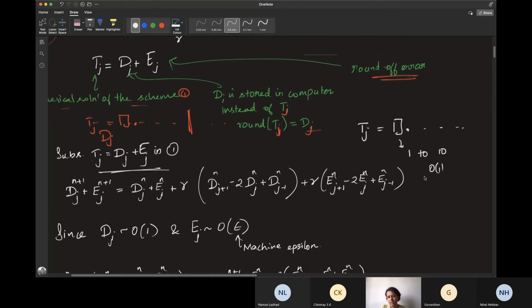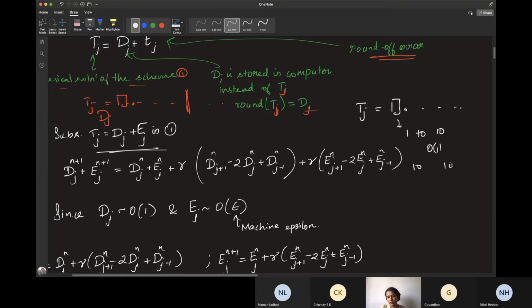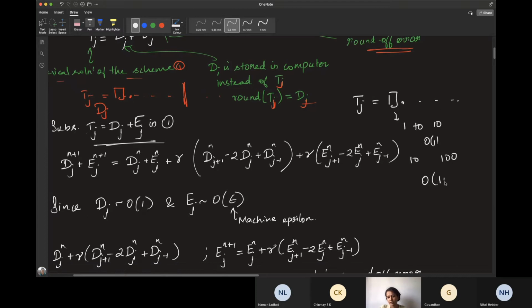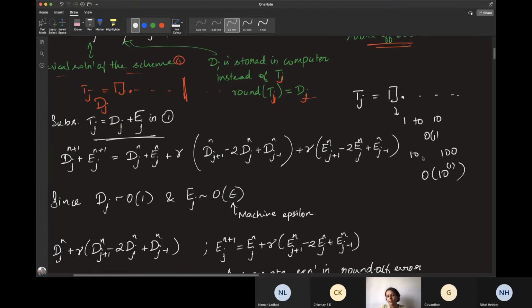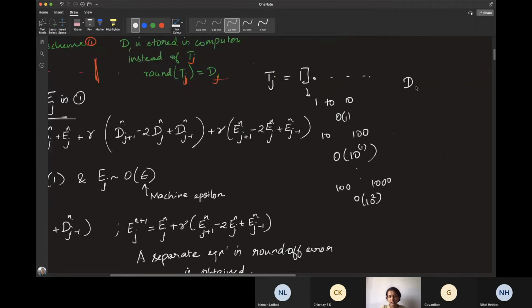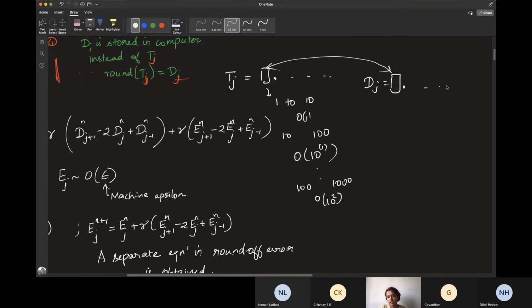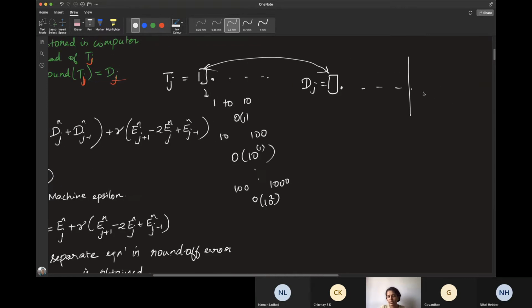If it lies between 10 to 100, then it is of order 10 to the power 1, and if it lies between 100 to 1000, then it is of order 10 to the power 2. It will go on like that. This is for Tj. If you look at Dj, that will also have the same number here. These two numbers will be the same in Dj. The only thing is, it won't have the decimal digits after a while. So Tj and Dj are of the same order.